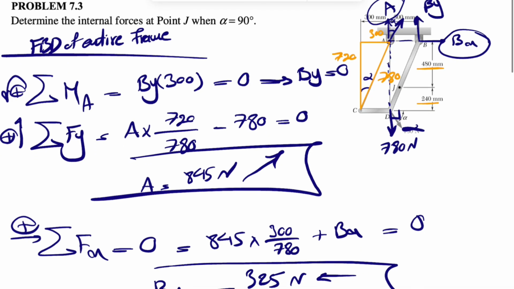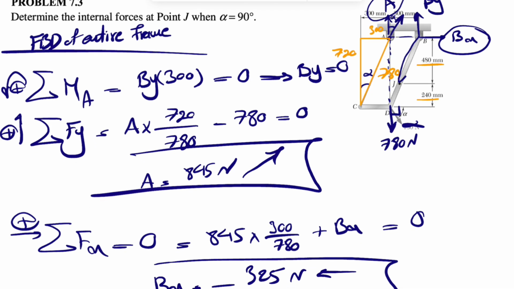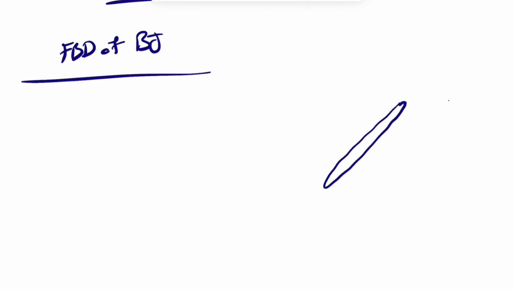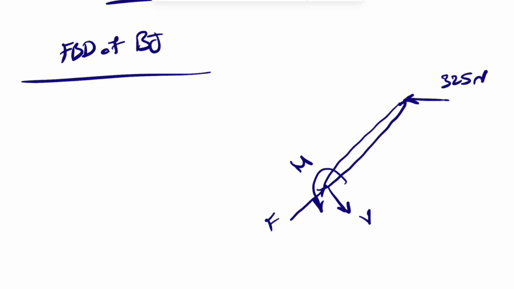We can move on to the free body diagram of this part, BJ. So we figured that we only have Bx to the left, which was 325 Newton from the previous part, and we're going to have different reactions at point J. We can call one F, the other one V, and we're going to consider one moment as well.